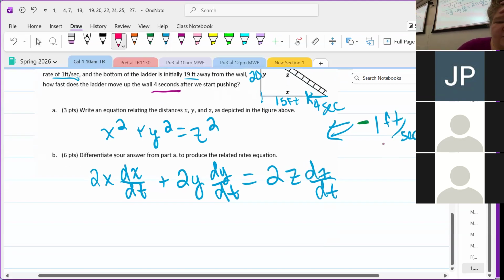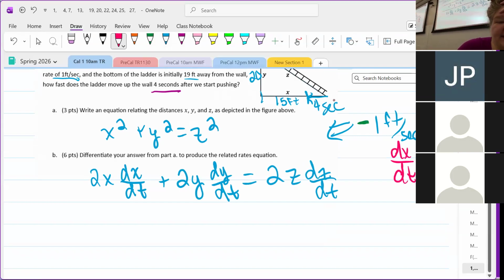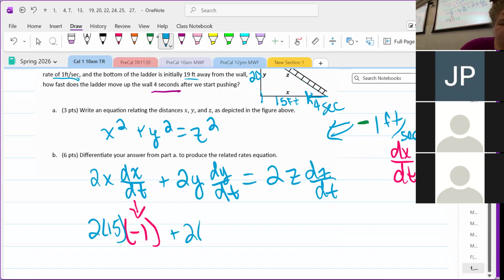So our negative 1 foot per second here, that is dx dt. We're pushing the ladder into the wall. That is the x distance being shrunk, changing. So that negative 1 is dx dt. dy dt is what we're solving for.